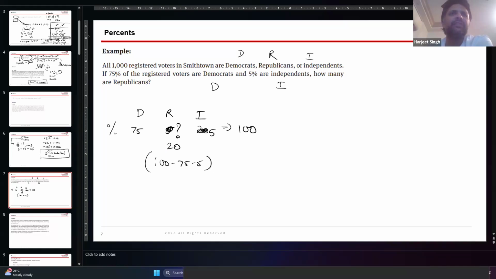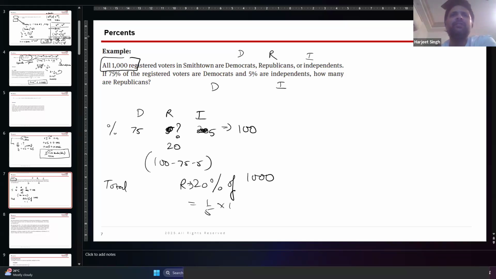So 20% are Republicans and total voters are 1,000. So how many are Republicans? Republicans are 20 percent of 1,000.